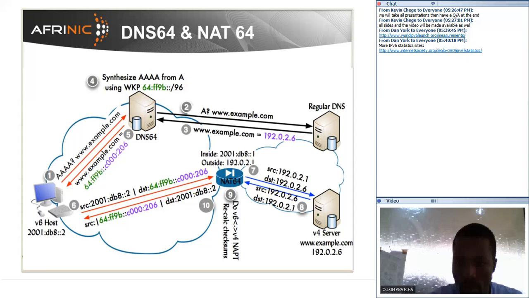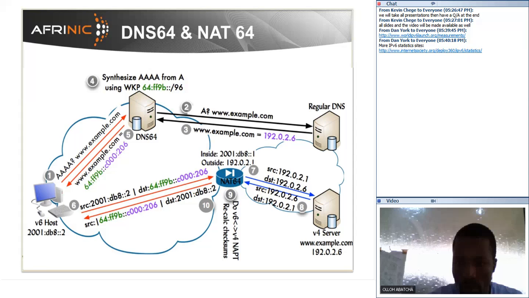It goes to your NAT64 router or device that does your NATing. So the inside of this box is on IPv6, of course, 2001:DB8::1, and the outside is the IPv4 address, 192.0.2.1.